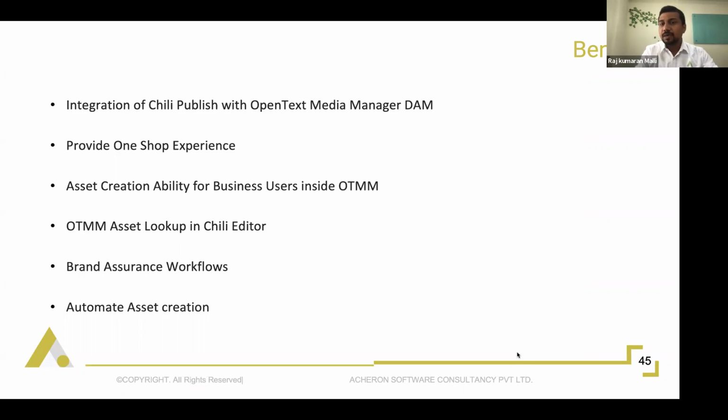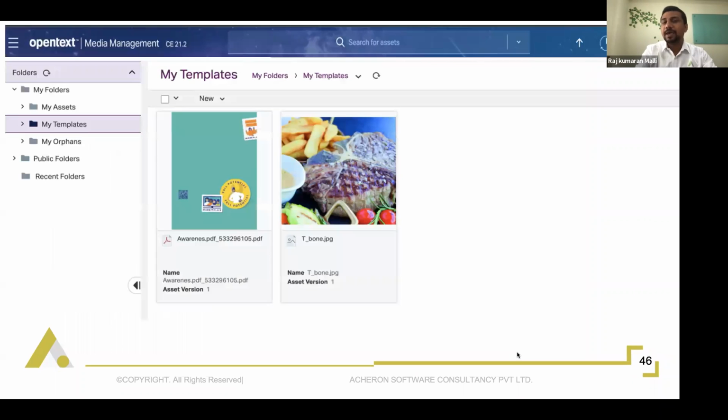And maybe a quick example: let's say, we'll take the same example, right, Kuna? Let's say you are a marketing person, you want to create a poster, right? So what you can do is go into OTMM, search for your templates or navigate via folders, however it may be. Based on your permissions, we show all the available Chili templates you can use, right?